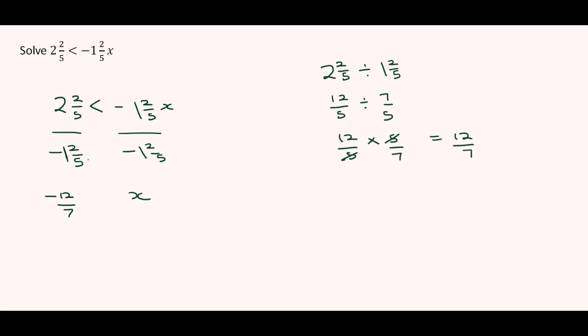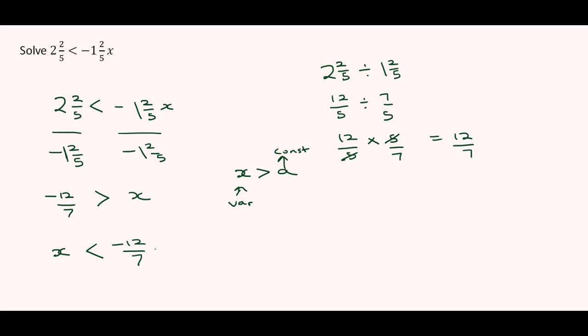Now because we're dividing by a negative, it's going to change the sign to greater than from less than. And just so we can write this properly in the form x greater than a, where x is your variable and a is your constant, we're going to move x to this side, and because we move it to that side, we have to change the sign again, negative 12 over 7.